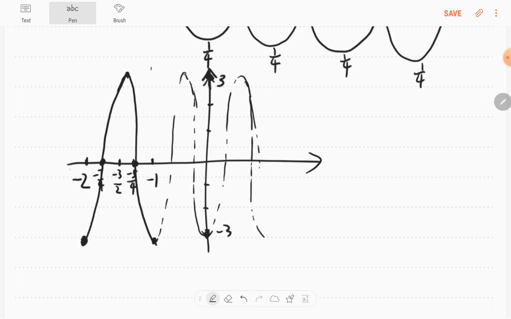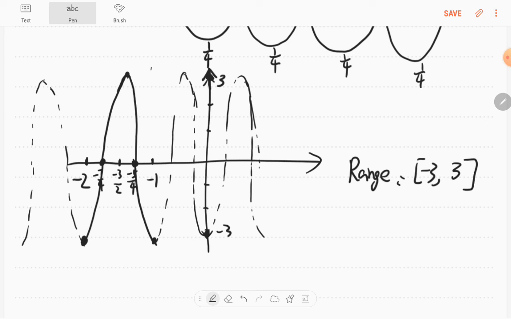You can extend this graph the other way as well. It will oscillate between 3 and negative 3, so the range is negative 3 to 3.